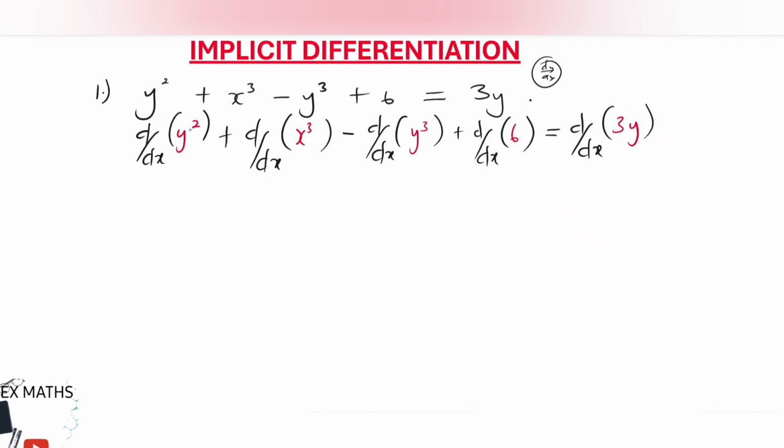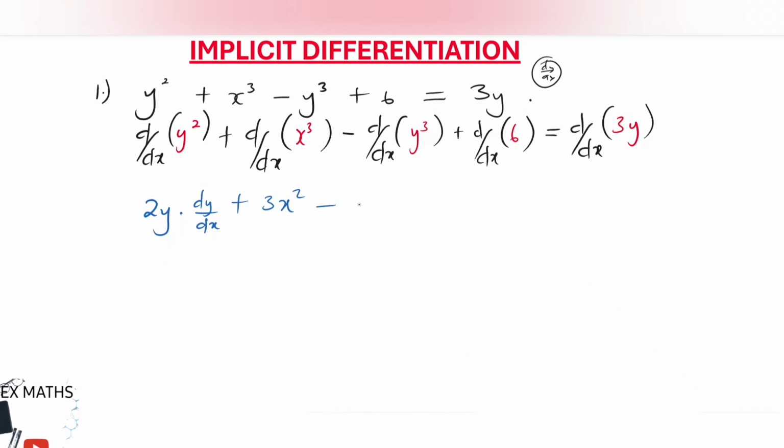Then in this case, we're going to apply the rule I showed you at the beginning of this video. We differentiate this one, and that is going to be 2y, but we are differentiating with respect to x, not y, so we'll get 2y dy dx. Then our x cubed is differentiated with respect to x, so that gives us 3x squared.